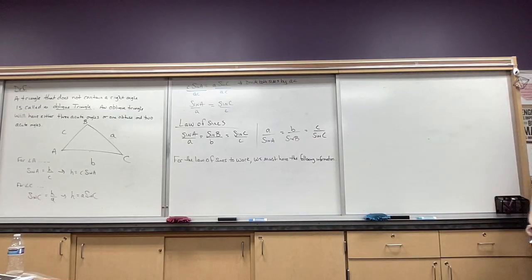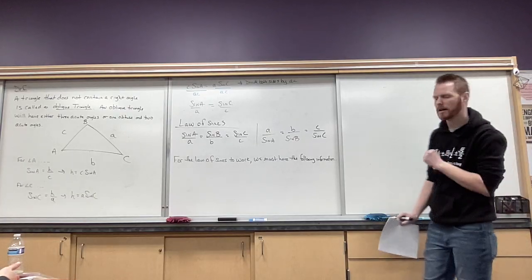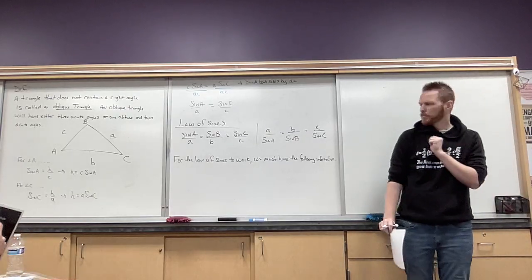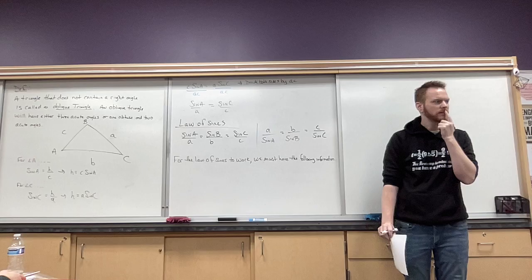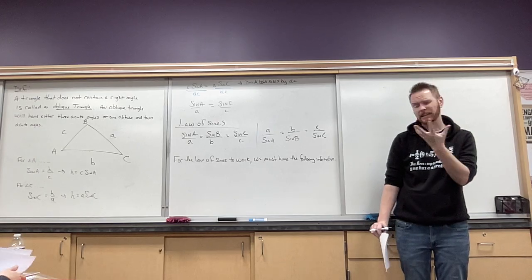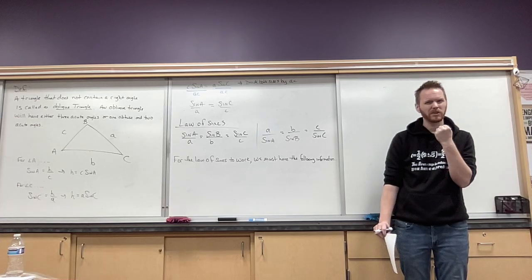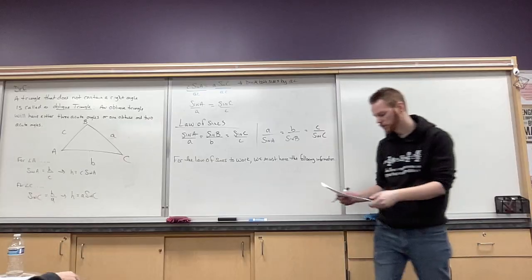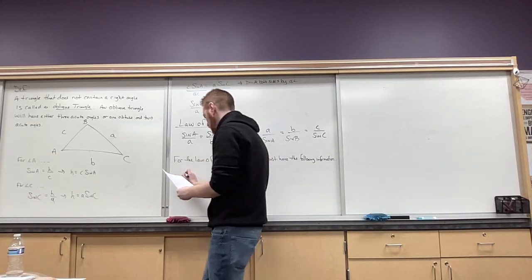Okay, so we do have a little bit of criteria here. And here's the deal. Do I memorize this all the time? Not necessarily. Because if I look at a problem and I try to use law of sines and I have too many unknowns, that keys me off that, hey, maybe I don't want to use law of sines. But still, it's good to know some information ahead of time. So when can we use it?